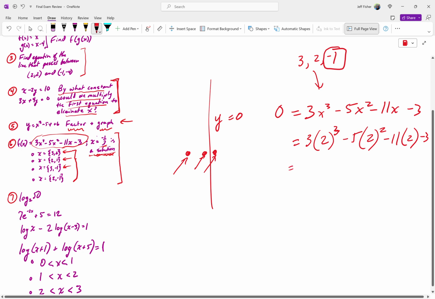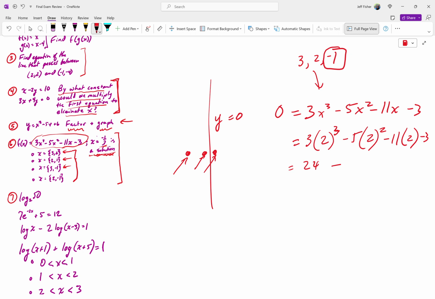This is going to be 3 times 8, which is 24. This is going to be negative 5 times 4, which is negative 20. This is going to be negative 22 and minus 3. So this is 24 minus 20, which is 4. 4 minus 22 minus 3, which is a big negative number. This is not going to be our answer, right?